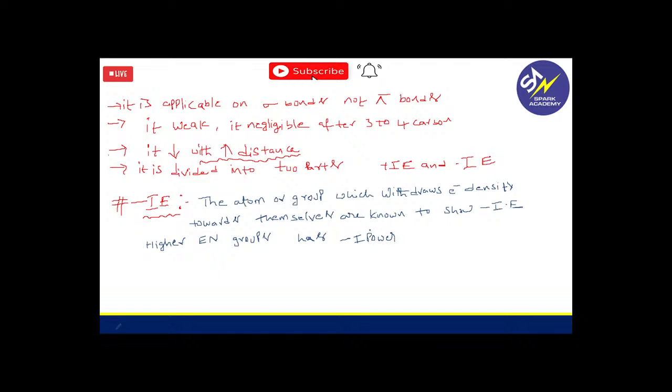For example, if you are taking halogens, what is the minus IE power of halogens?